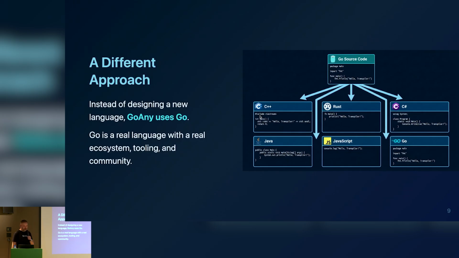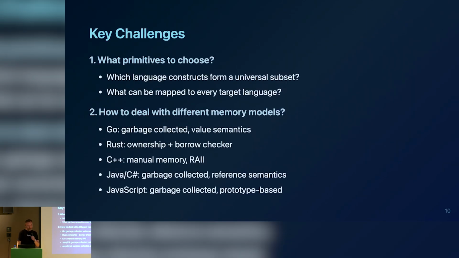So in Go any, I've taken a different approach. I just took the Go language and wanted to transpile it into other backends. Of course, there are many challenges. So the first question is which primitives we should support, and how can we do mapping to the other languages.